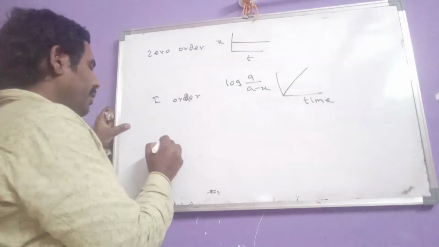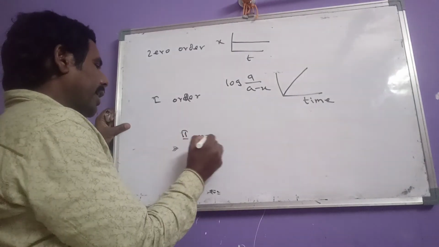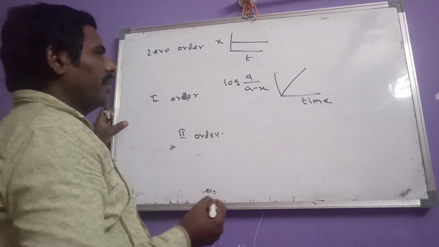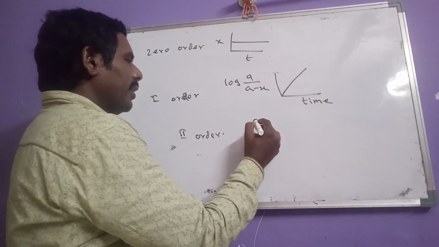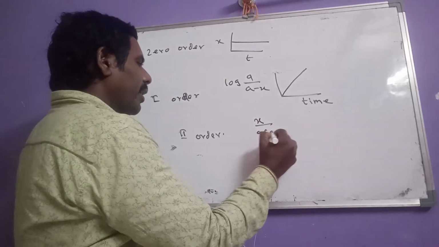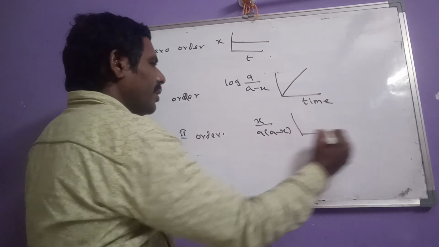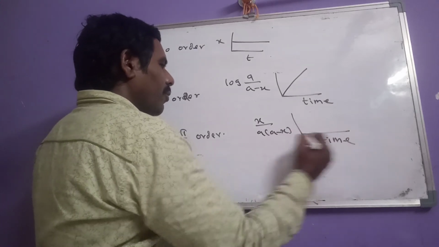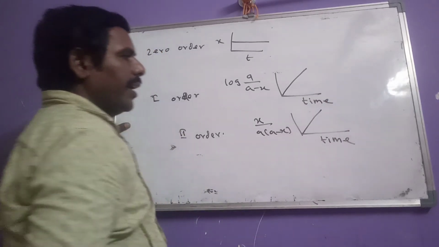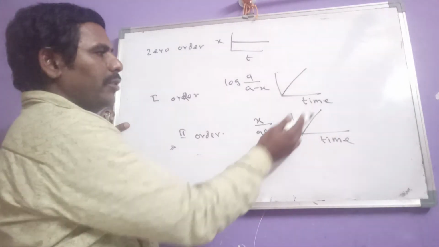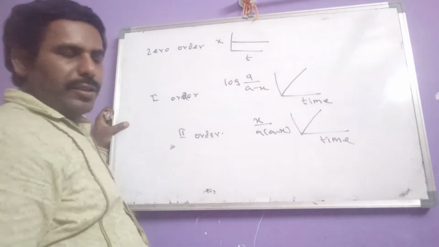And then for second order reactions, what can we get here? x by a into a minus x versus time. We get again a straight line passing through the origin having a positive slope.